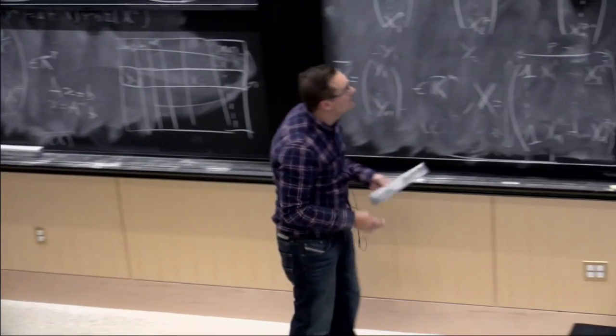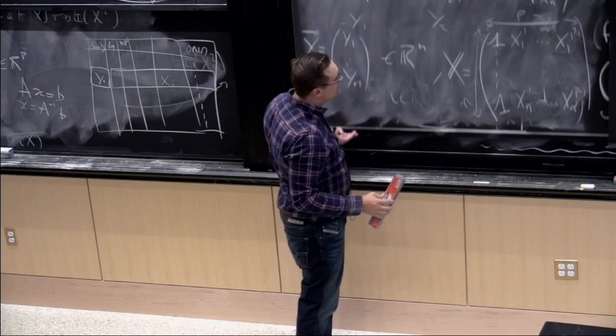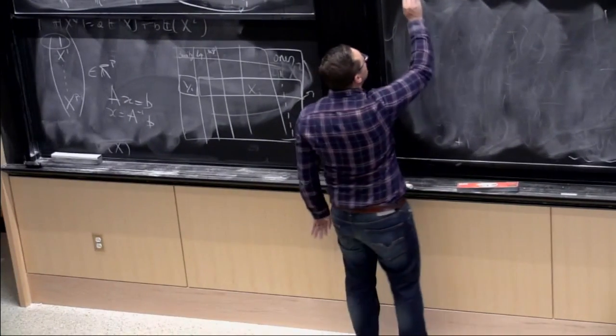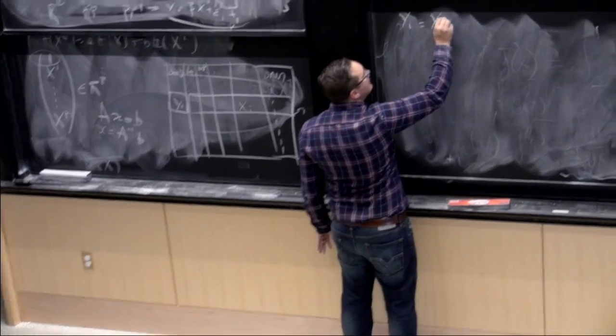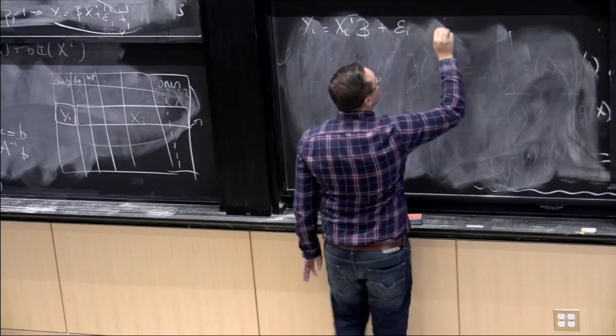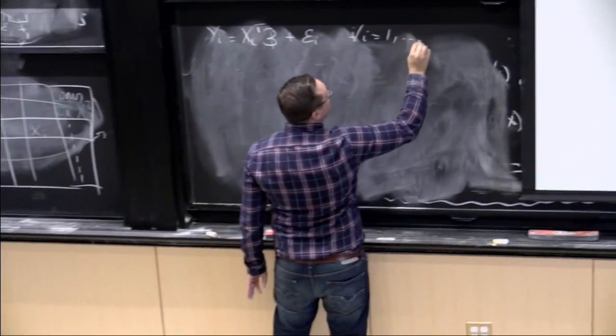Okay? So now that I create this thing, I can actually just basically stack up all my models. So yi equals xi transpose beta plus epsilon i for all i equal 1 to n.